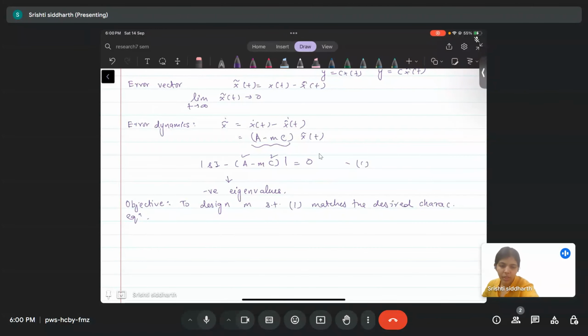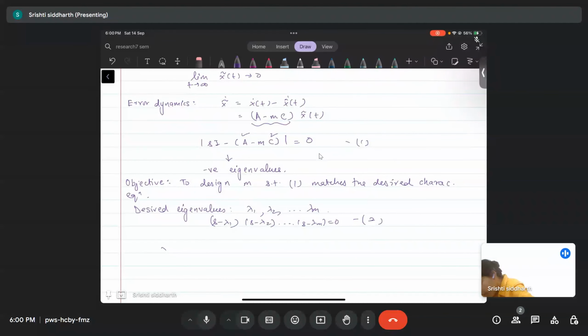As we have already seen in the pole placement control design, to get the desired characteristic equation, let's say that we have desired eigenvalues at lambda 1, lambda 2, up to lambda n. The desired characteristic equation becomes simply the equation formed by these eigenvalues. Then we compare the two to find out what M should be.